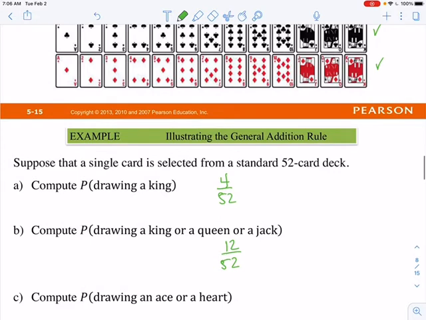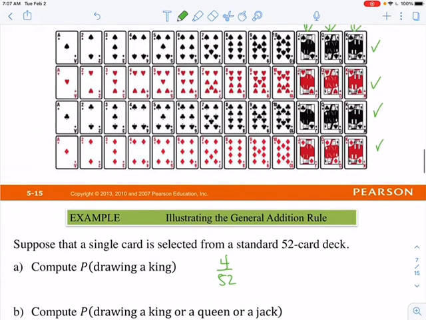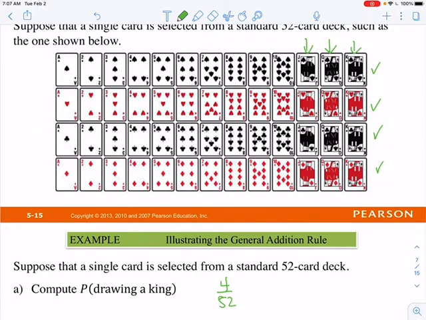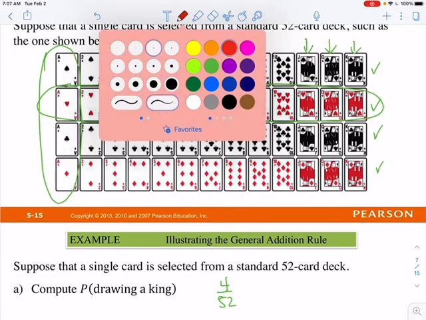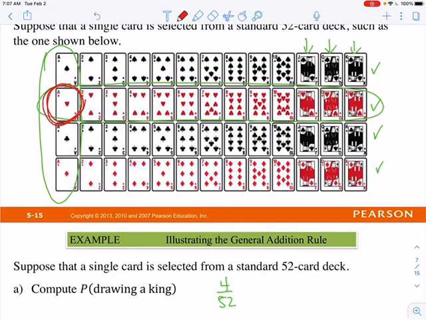For the last one, we wanted the probability of drawing an ace or a heart. Our hearts were all in this row right here, and then our aces were here. But this time around, I do have something where they overlap. I'm counting that ace of hearts 2 times: once when I count my hearts and once when I count my aces.